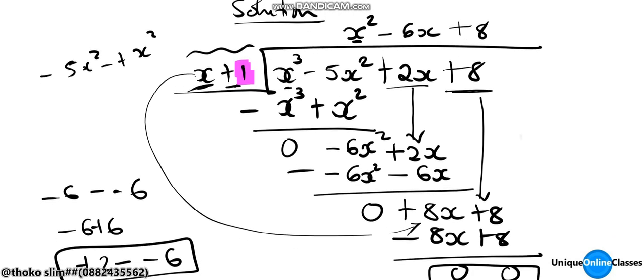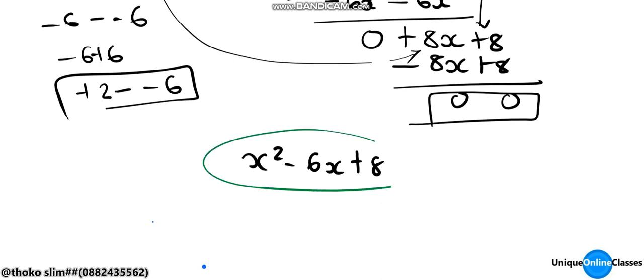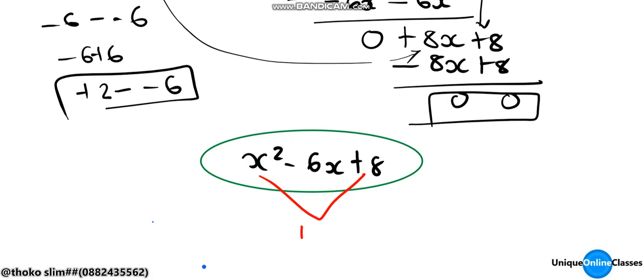So our quotient is x squared minus 6x plus 8. That's our quotient. So what we need to do here is factorize this. When factorizing, we look at the positive 8 for x squared, and we need to find factors of 8 which give us minus 6.